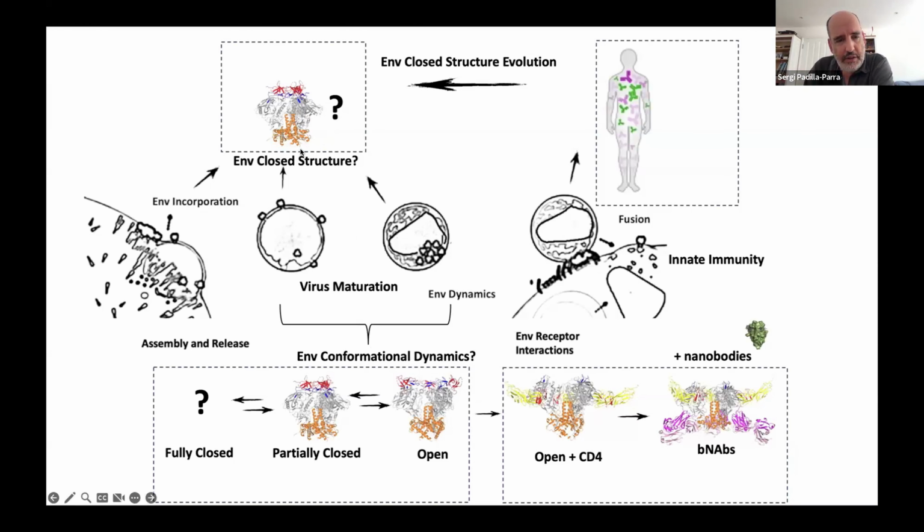But there are many structures out there in the PDB, but it was actually found with single molecule FRET that indeed the native state of primary isolates in its closed conformation is still not solved, is still not known. And this is actually really interesting, that perhaps it's related to this idea that we need to look at this process of maturation from a holistic point of view, not only sort of isolating the envelope glycoprotein from the whole process, from the virus itself.